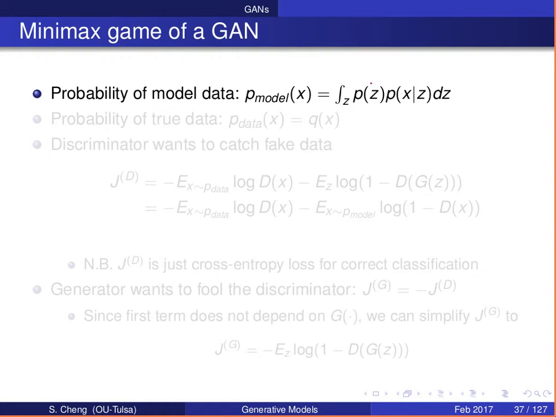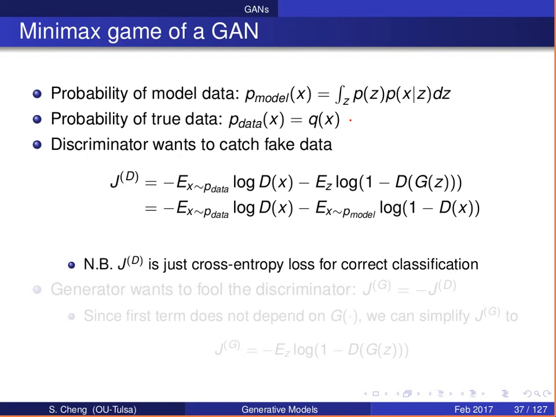It will have some input distribution for the z there, and then for each input z, it will have a conditional distribution to generate the x, right? So the model P(x) is pretty simple. I integrate over all z there, and the ground truth is based on just Q(x) here.